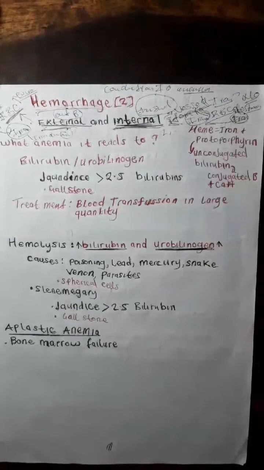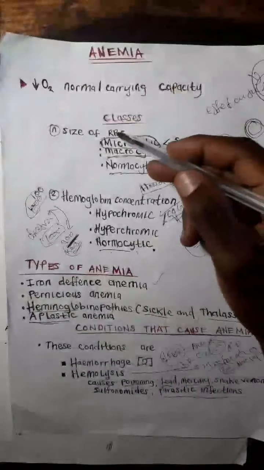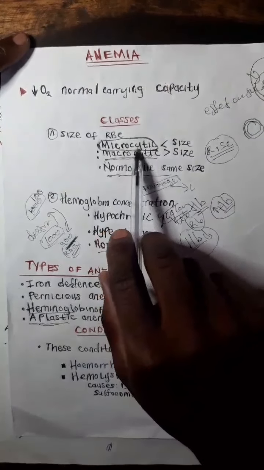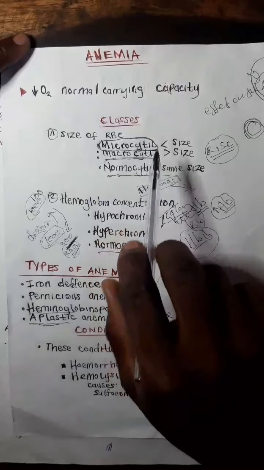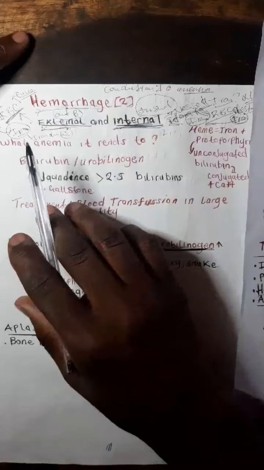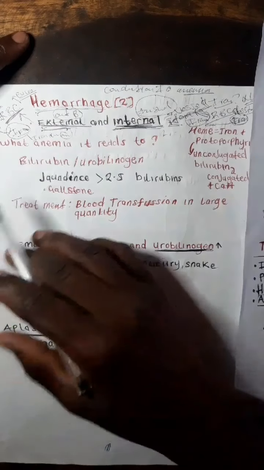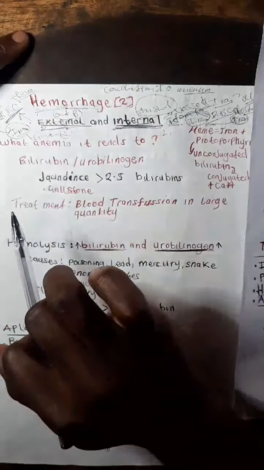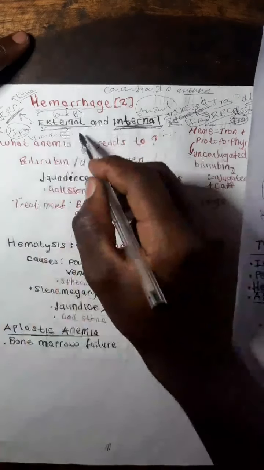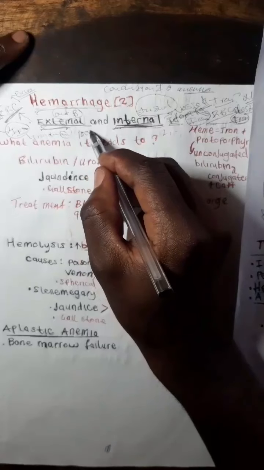And we talked about in the previous video, when we classify them in these three, which one is it? Macrocytic anemia, microcytic anemia, or normocytic anemia? When we talk about external hemorrhage, what can it cause? One, we are losing red blood cells, meaning the red blood cells are reducing in number.